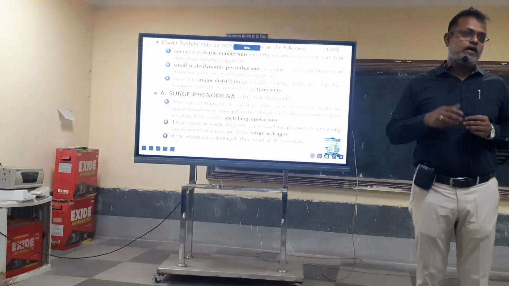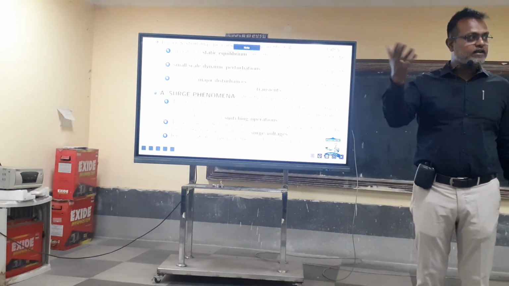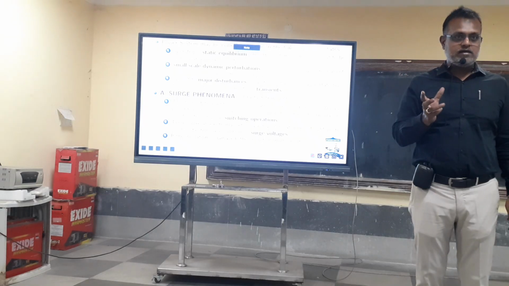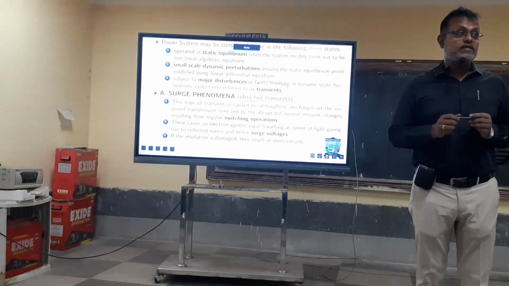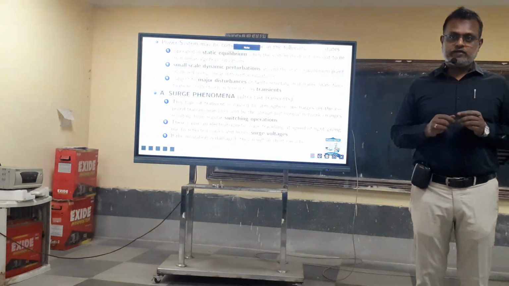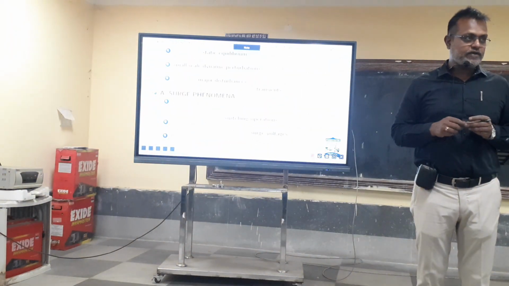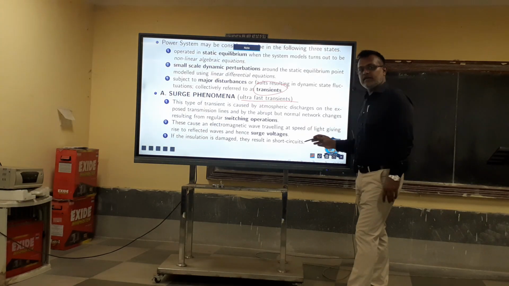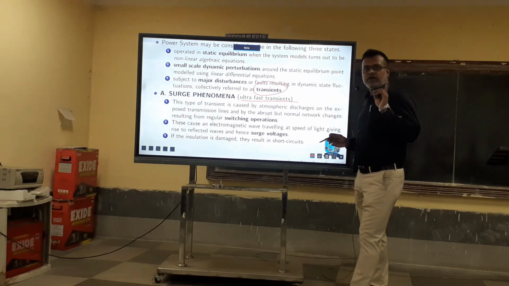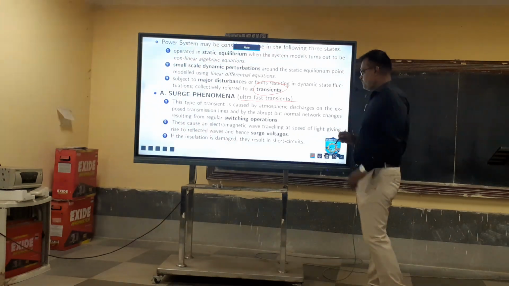So what happens is when a lightning wave or a switching wave travels in the power system, it results in a reflected wave, and when they are combined, it results in a very high value of voltage in the power system, which may result in failure of the insulators. If insulation failure occurs, then there is a short circuit. Okay, that is the purpose here. If the insulation is damaged, the result is short circuit. That is the whole purpose. Okay, so what is the first kind of transient? Ultra fast transients known as lightning or switching surges.